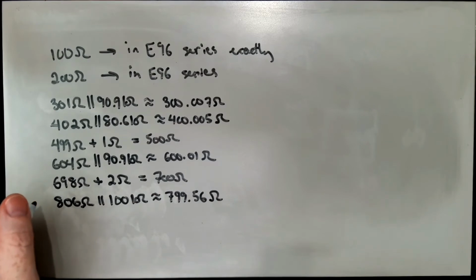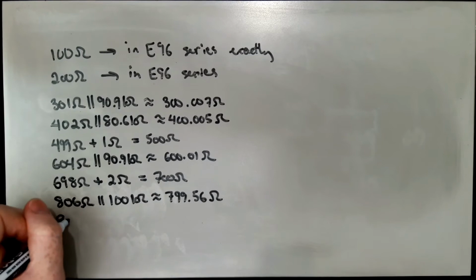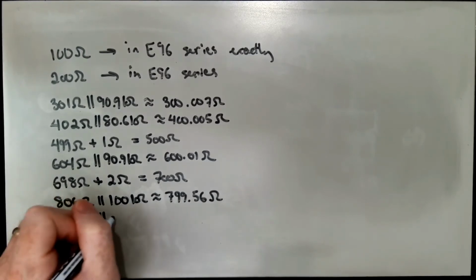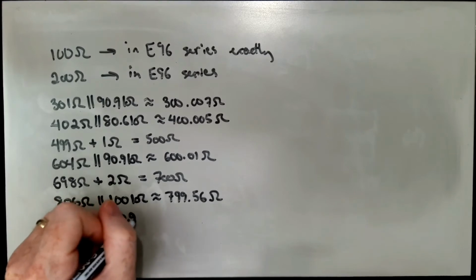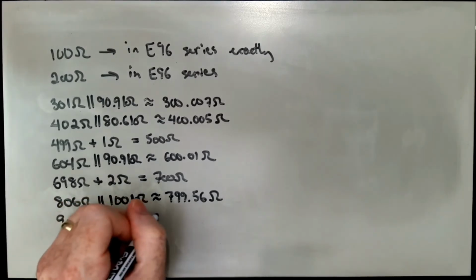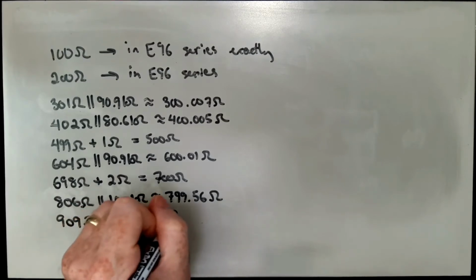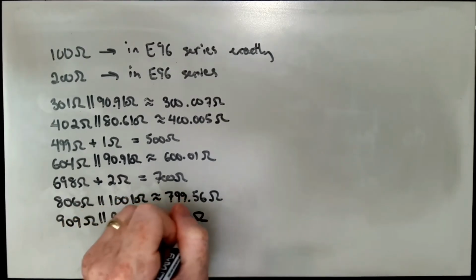Certainly within 0.1% of 800. And again, 909 ohms is the closest value to 900, and if we put that in parallel with a 90.9K, we get exactly 900 ohms.